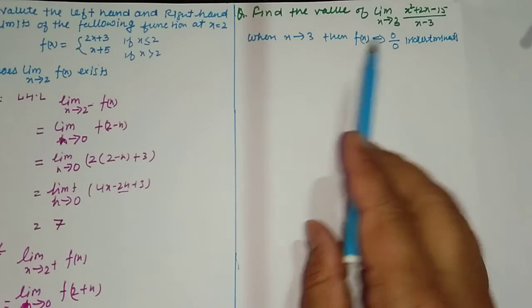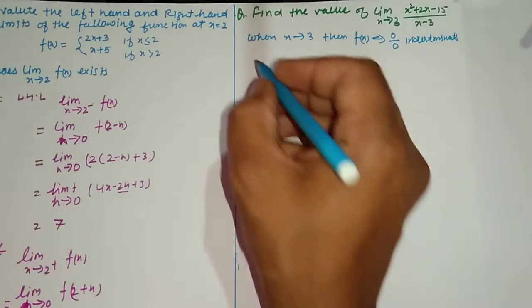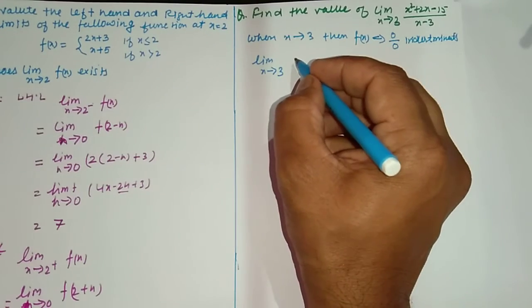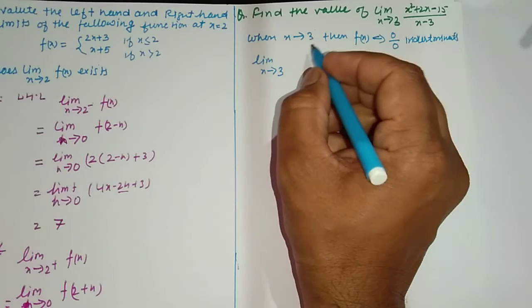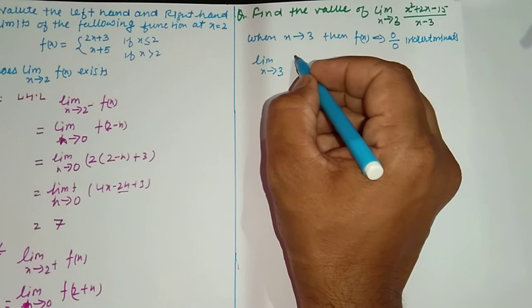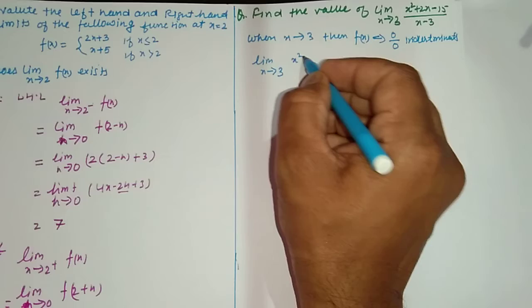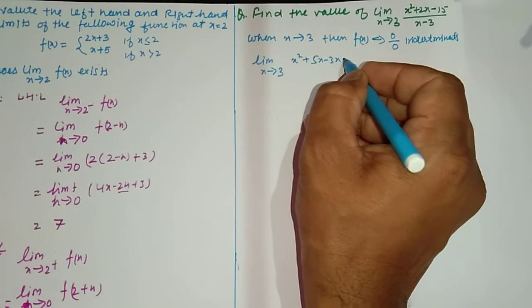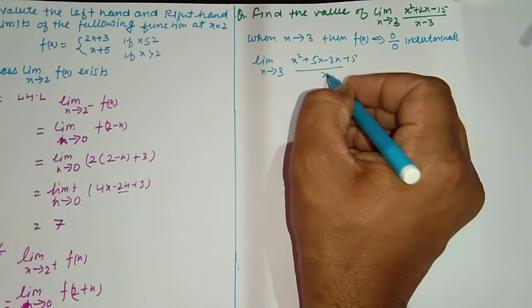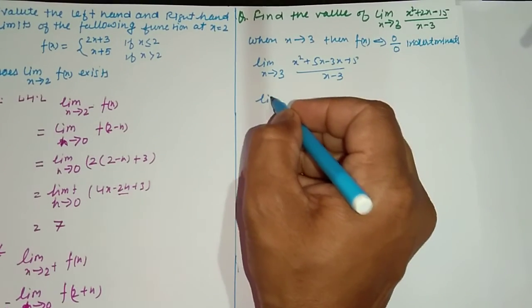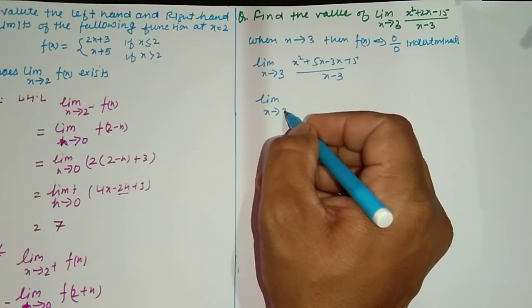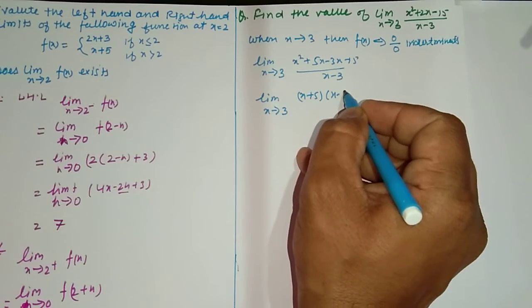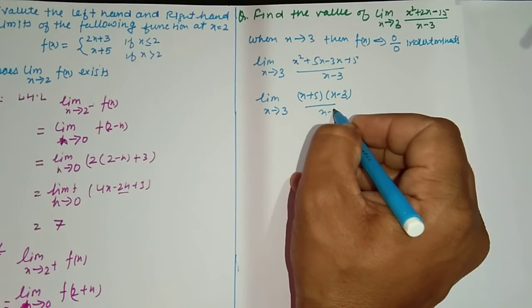For that, first of all we can factorize this limit, x tends to 3. After factorization we can write it as x square plus 5x minus 3x minus 15 upon x minus 3. Limit x tends to 3, so we can write it as (x plus 5)(x minus 3) upon (x minus 3).